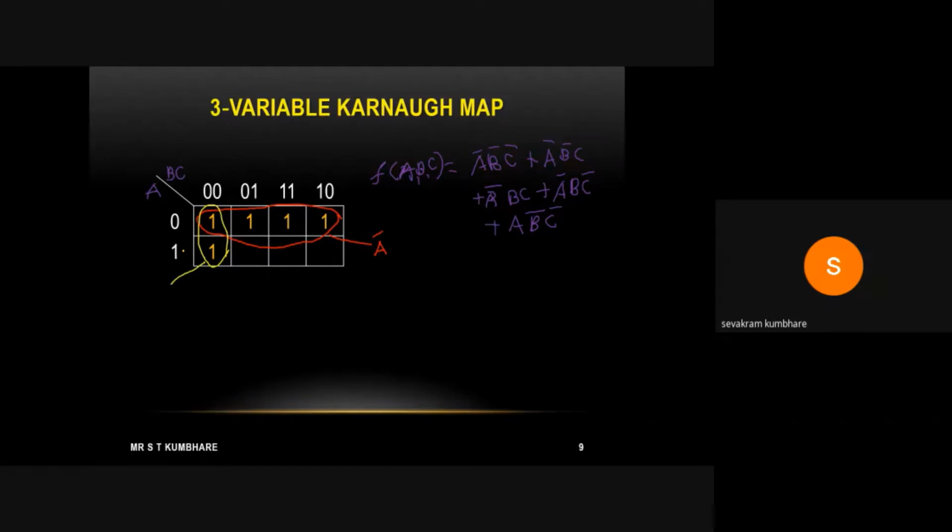So A is changing, so I cannot take A. But B is 0, C is 0, which is not changing. So I can write down this as BC. So the minimized expression for this becomes A bar plus BC. And this is f of A, B, C.